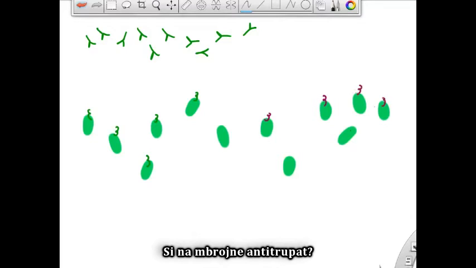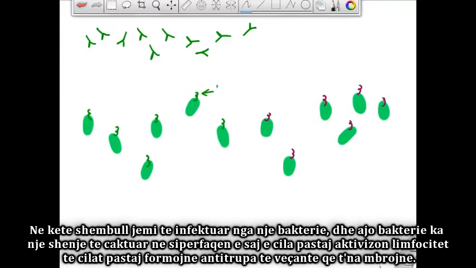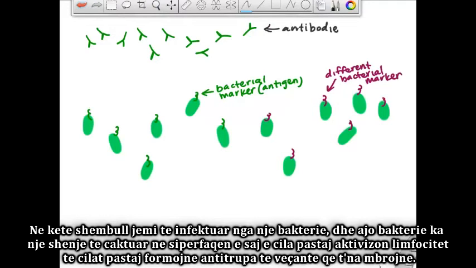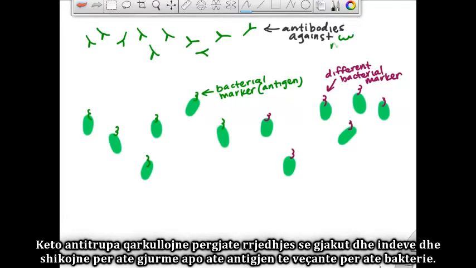So how can antibodies defend you? Remember, you are infected in this example by a bacteria, and that little bacteria had a marker on its surface that activated your lymphocytes that created specific antibodies to protect you. So these antibodies will circulate around in your bloodstream and in your tissues, and they'll look for that marker or antigen specific for that bacteria.